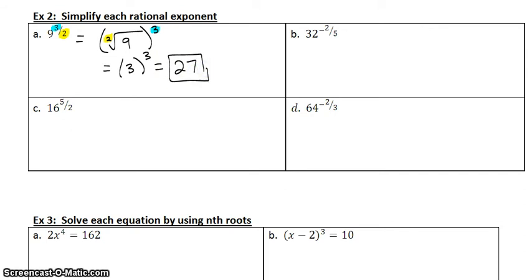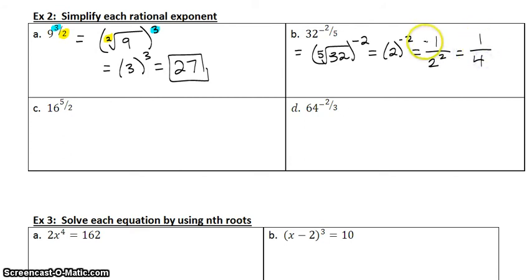Part B, 32 to the negative 2/5 power. So again, I'm thinking, okay, bottom number is my index number. Top number is my exponent. We'll deal with that negative in a minute. For now, the 5th root of 32 is 2. What a negative exponent does is it moves it to the bottom of the fraction. And again, we're going to talk about this more in section 7.2. But this becomes 1 over 2 squared, which is 1/4.